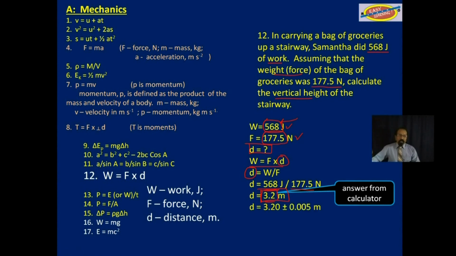So we add a 0 and we get 3.20. Now we have 3 significant figures. This 0 is the uncertain digit, so our margin of error will be half of that position more to half less, which is 0.005 meter. Or we could have just said 3.20 meter, correct to 3 significant figures.